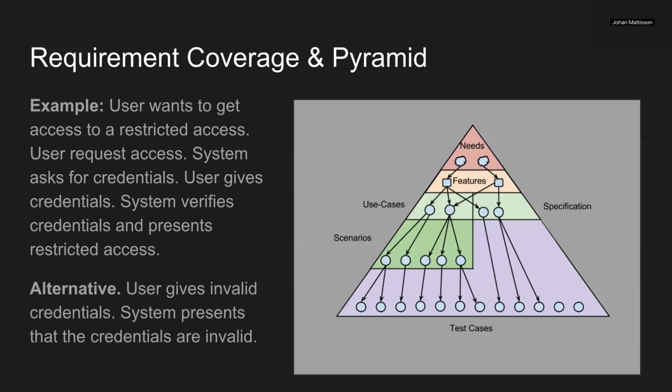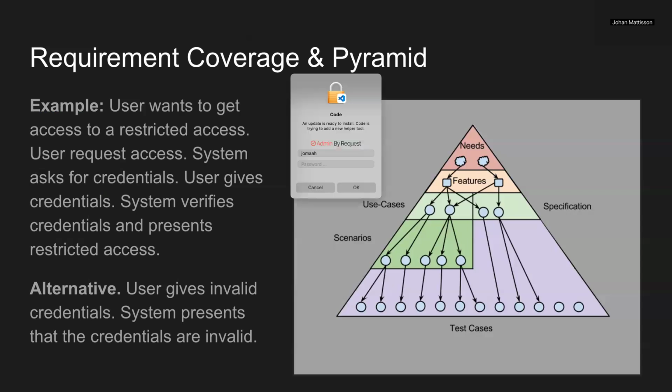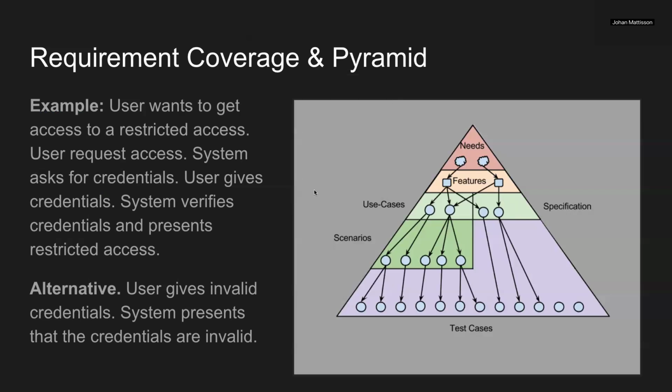These are kind of hard. You can test them manually. You can write a manual scenario for this. So here's where the scenarios come in. You write down the steps of the use case.